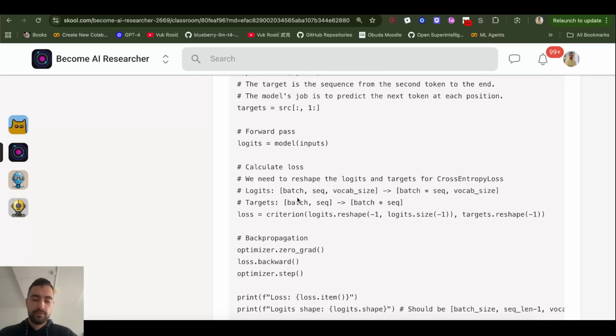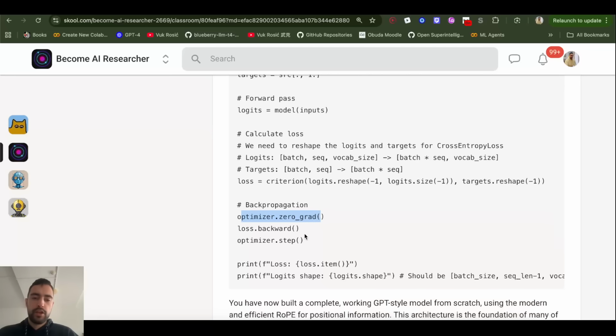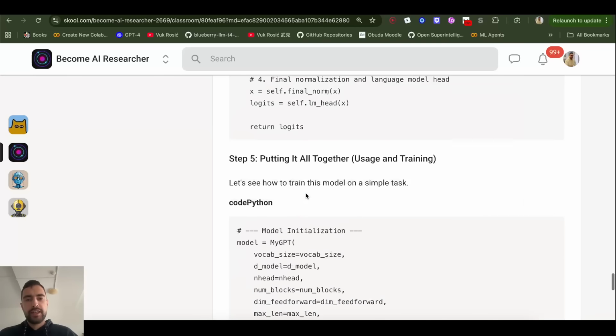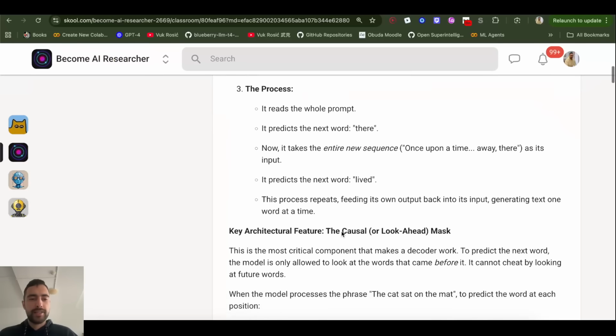And if it's not, then we calculate the loss, update weights, do optimization steps. So we empty out gradients from the last backpropagation. You calculate all of the chain rule, the gradients, and then you update weights to reduce the loss. So that's going to be it for our GPT style transformer. I'm going to put this video here and see you in the next lesson.